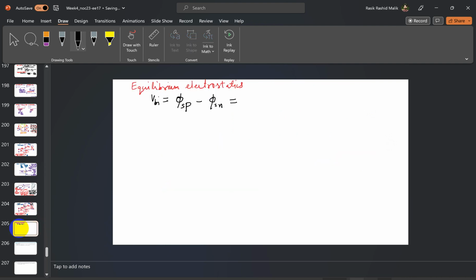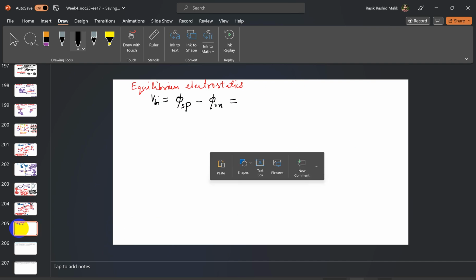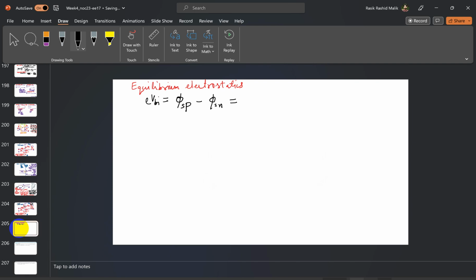So I will write this phi SP in terms of energy as EVBI, and this will be E phi SP. So that will be equivalent to E chi P plus the energy band gap.